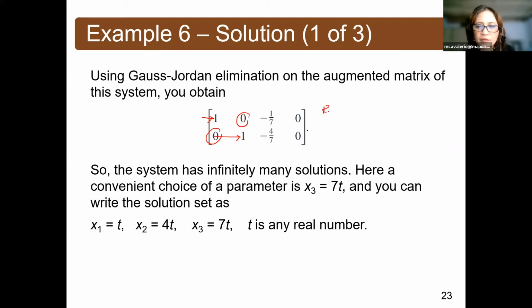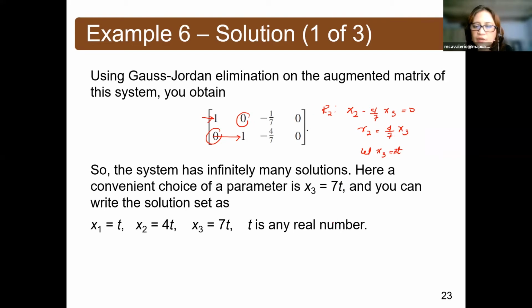Notice that in row 2, we will have the expression x sub 2 minus 4 over 7 x sub 3 is equal to 0, so that x sub 2 is equivalent to 4 over 7 x sub 3. Now, since we can allow x sub 3 to be the free variable, let x sub 3 be equal to a parameter. In this case, to eliminate the denominator, let us say x sub 3 is equivalent to 7t.